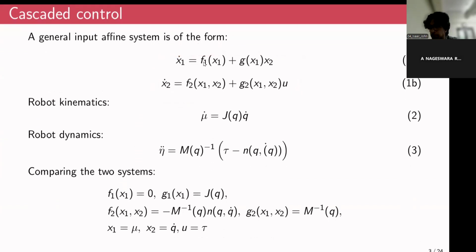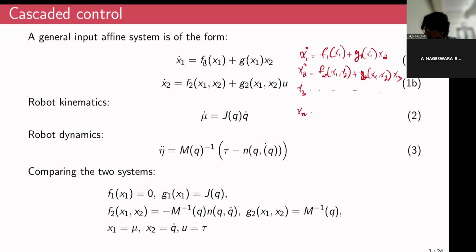For any general system, if you can write the system of equations of this form: x1 dot as f1(x1) plus g1(x1) x2, then x2 dot would be f2(x1, x2) plus g2(x1, x2) x3, then x3 dot and so on, and finally xn dot would be fn(x1 all the way to xn) plus gn(x1 all the way to xn) multiplied by a control vector.